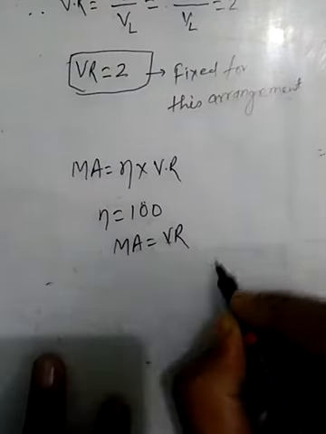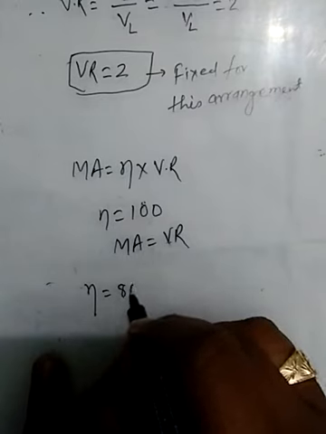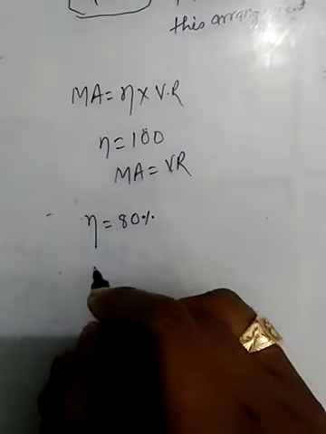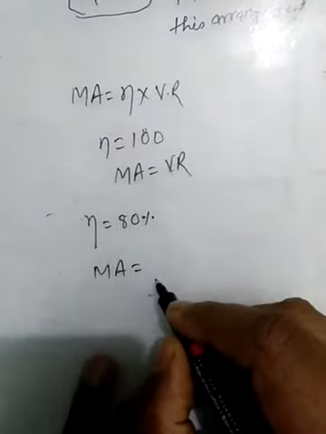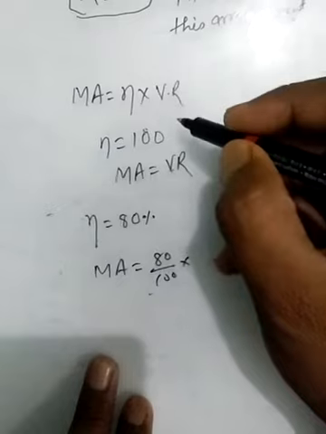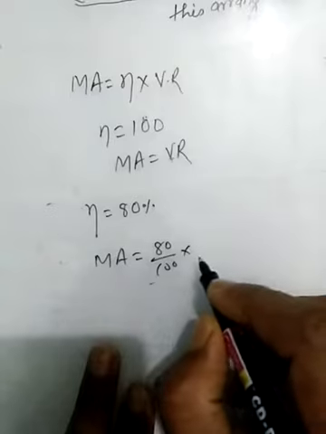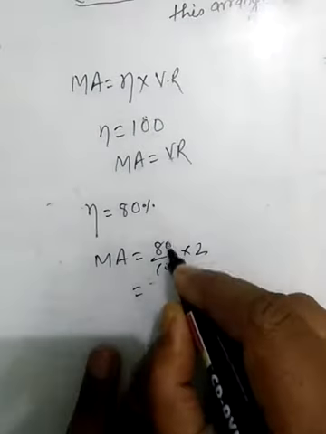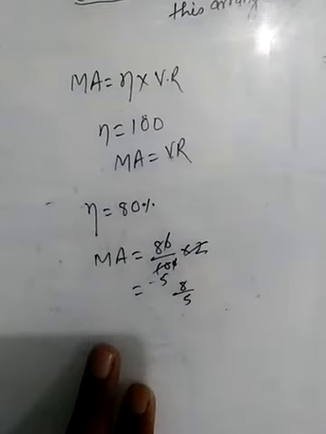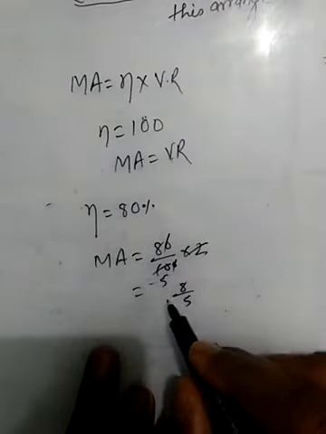If we consider that the efficiency of this machine is 80%, then we can find out the mechanical advantage for this condition. Velocity ratio is constant for this arrangement, which is equal to 2, so put the value of efficiency and velocity ratio. Efficiency is 80%, so 80 upon 100 into 2.